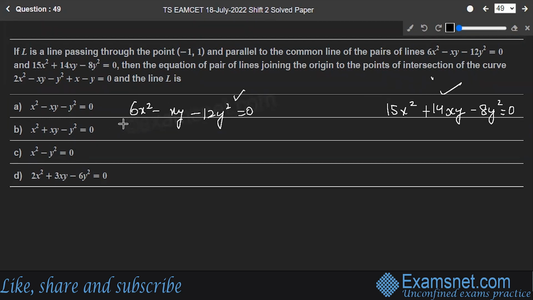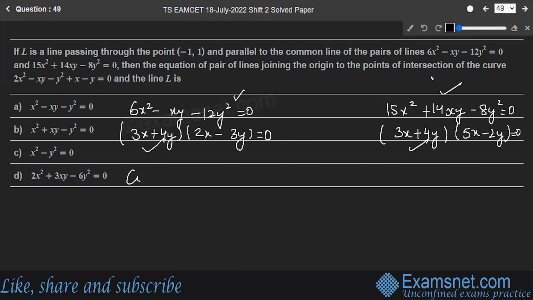So here the two lines came out to be (3x plus 4y)(2x minus 3y) is equal to 0, and (3x plus 4y)(5x minus 2y) is equal to 0. So the common line was 3x plus 4y.